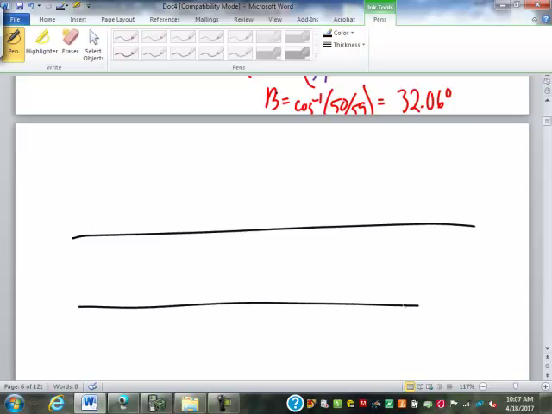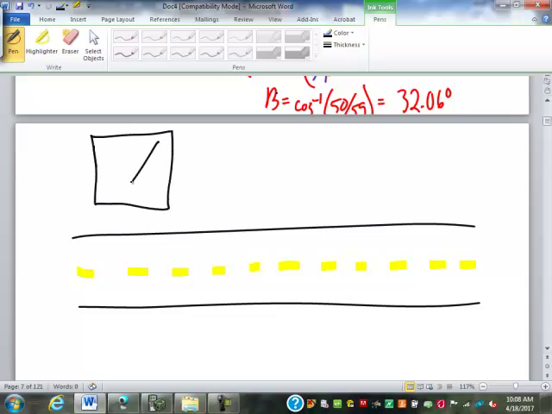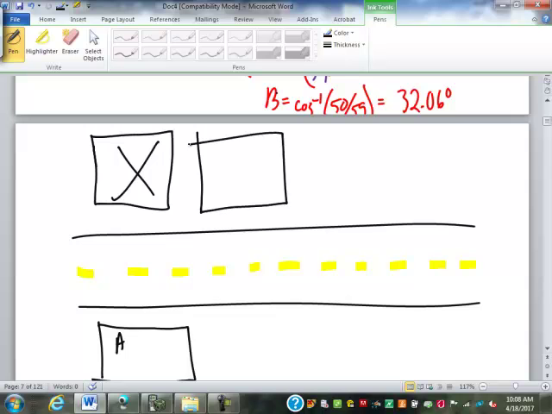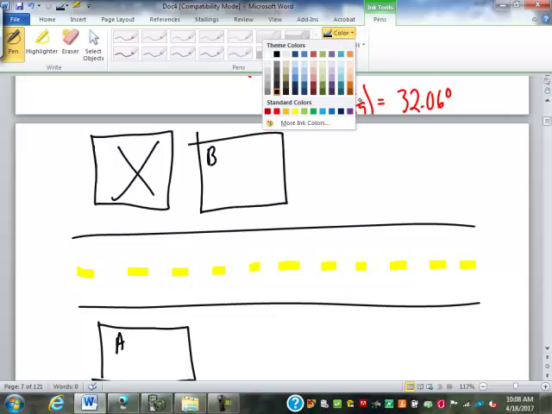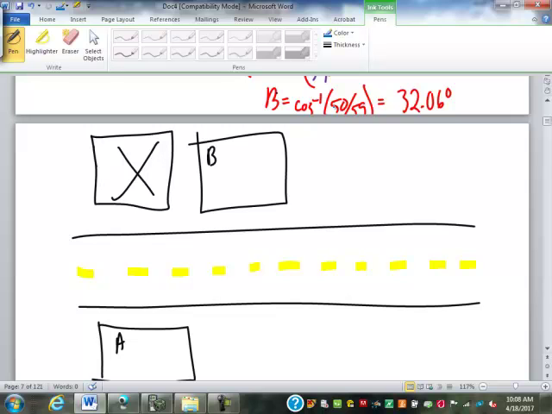If this is a street, come on. Yeah, I'm being fancy. Put my yellow line down the middle of the street. And here is the building we're talking about, right? Then over here is building A. And here is building B. If I asked you which building is adjacent to building X, what would you say?